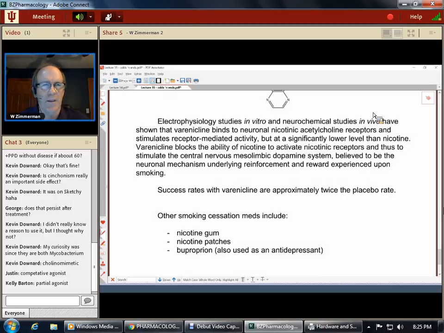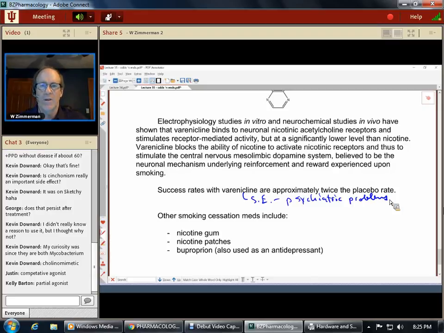Placebo can be like 10%, and treatment with these drugs is 20%. One of the problems with varenicline, one of the side effects, is that it can cause some psychiatric problems, some urges that you just have to be aware of. If somebody's normally a very aggressive person, gets in bar fights and all that kind of stuff, probably not the best drug for them.